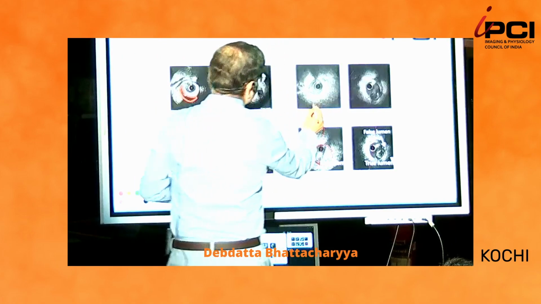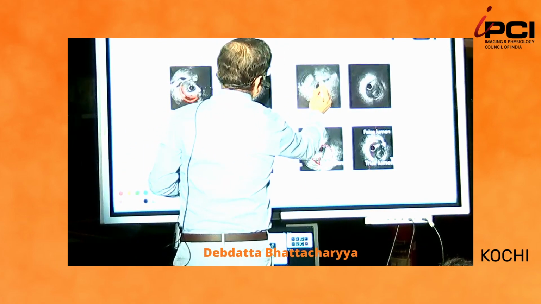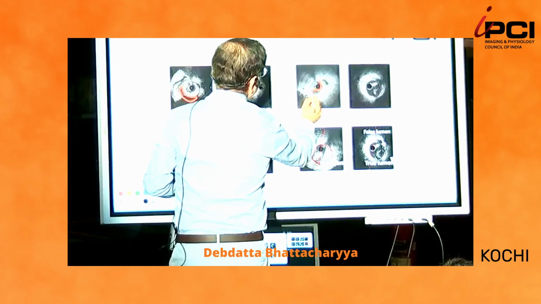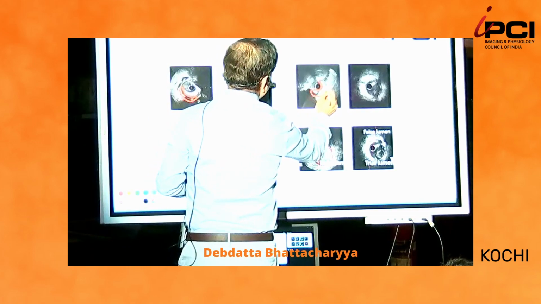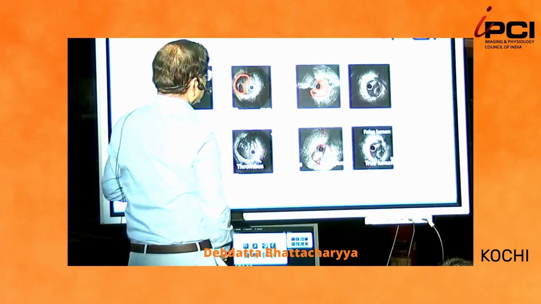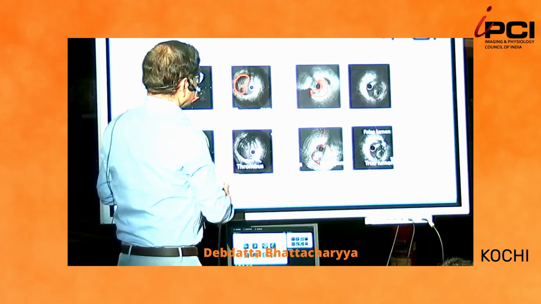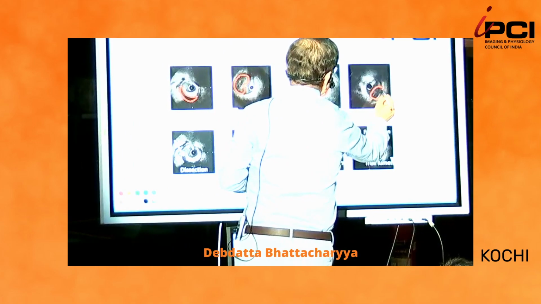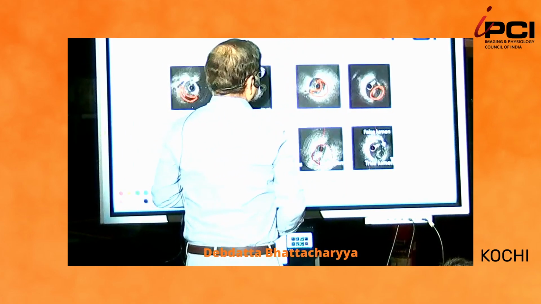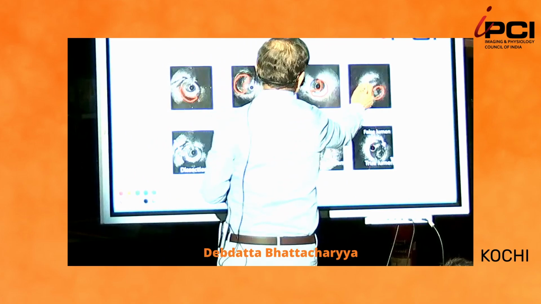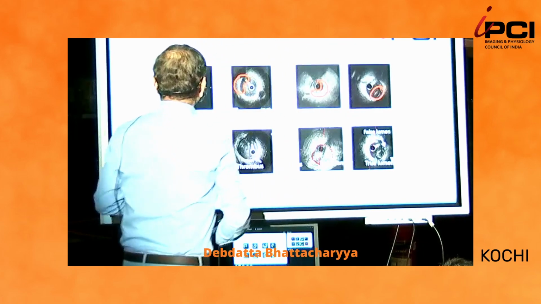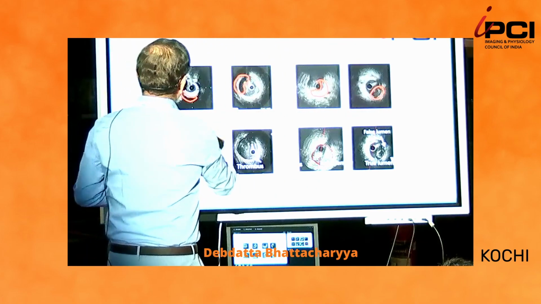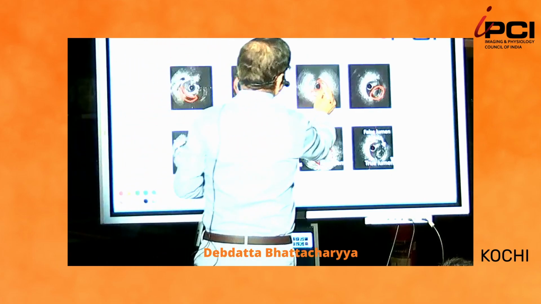This coming up from 1 o'clock to 7 o'clock is a hematoma which is compressing the Ivus catheter. And this is a compressed true lumen, and the catheter is in the false lumen. And I hope by now you can identify the guide wire in each of them.